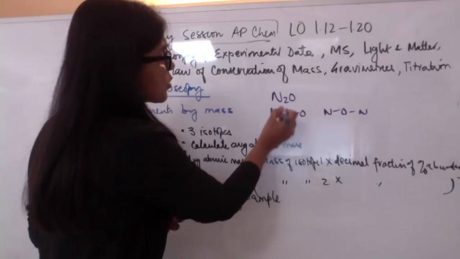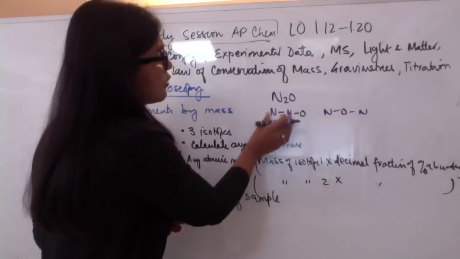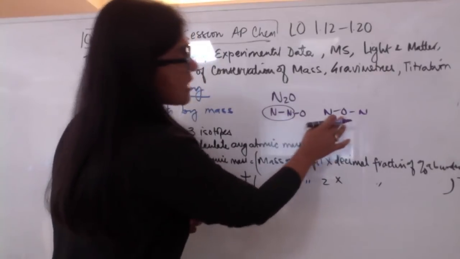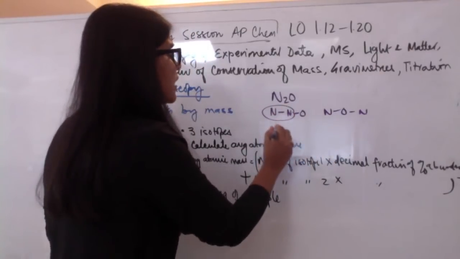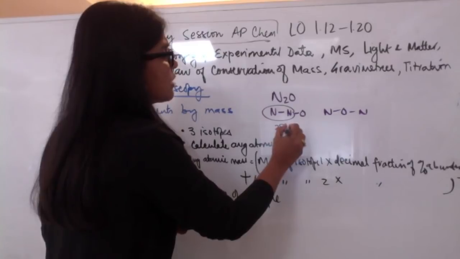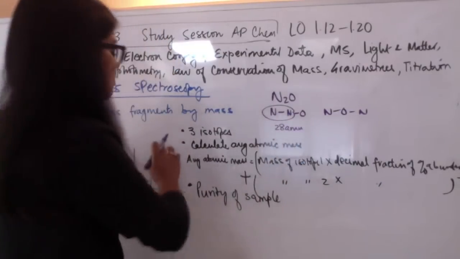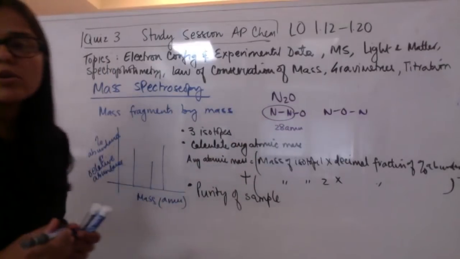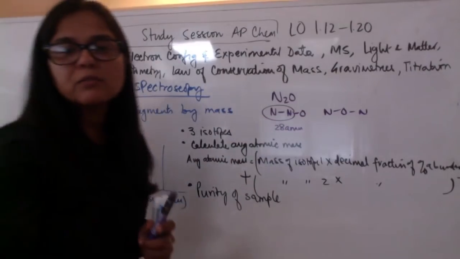If one bond is broken, the first one or the second, you will get an N fragment here, which you cannot get in this case. So if you get a mass fragment at 28 AMU, or a peak corresponding to 28, you know that this is NNO and not NON.